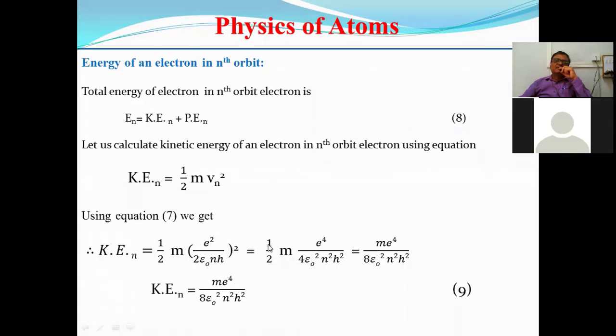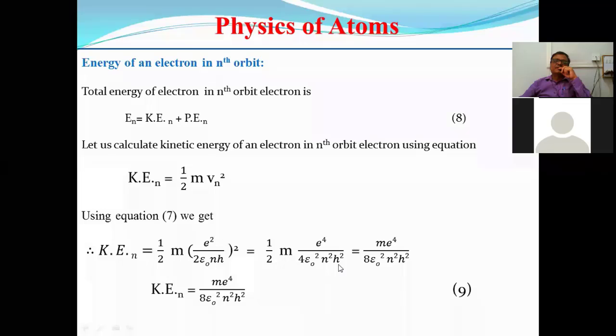Then this is equal to 1/2 m into e raised to 4 divided by 4 epsilon 0 square n square h square. That is equal to m e raised to 4 divided by 8 epsilon 0 square n square h square.